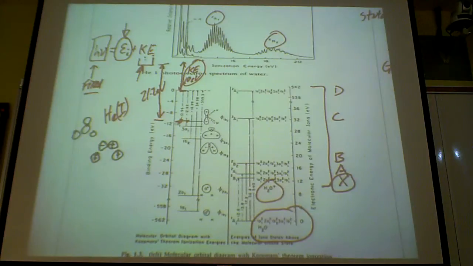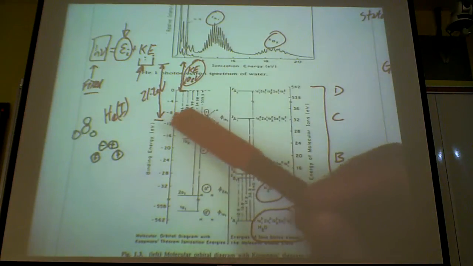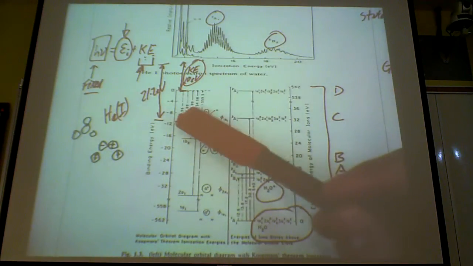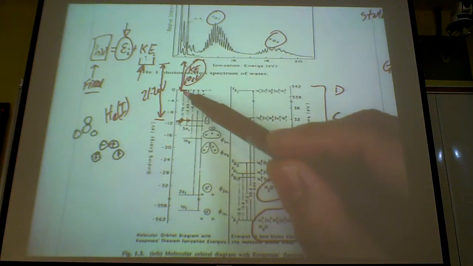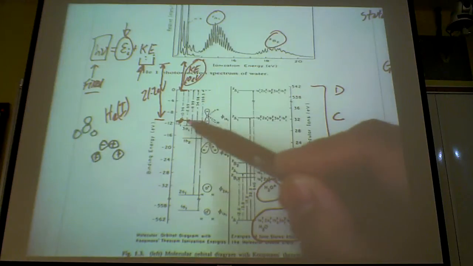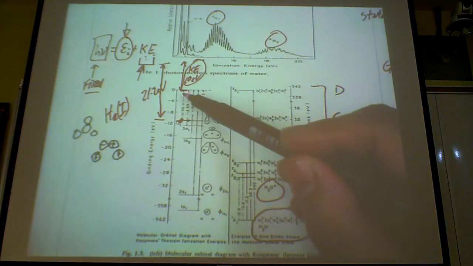What does it need to do? It first needs to overcome about 11 electron volt, the so-called binding energy of this electron in this orbital. So you have to first overcome the molecular field, 11 electron volt, to the vacuum level.